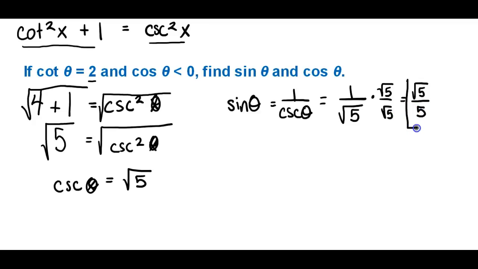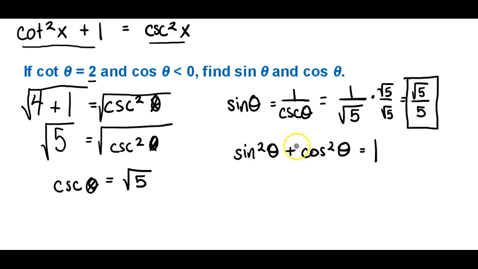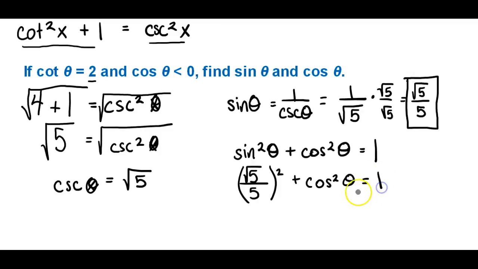For our first answer, to find cosine, like I said, we know that sine squared of theta plus cosine squared of theta equals 1. So if I put in square root of 5 over 5 and square it, add it to cosine squared of theta equals 1. Now we just have to solve for cosine of theta.